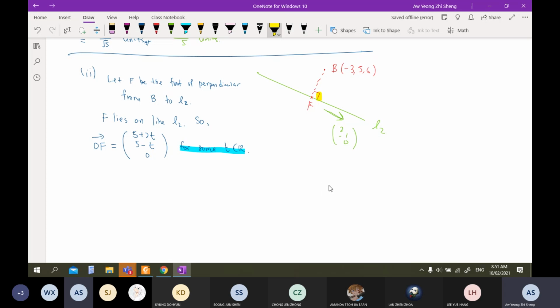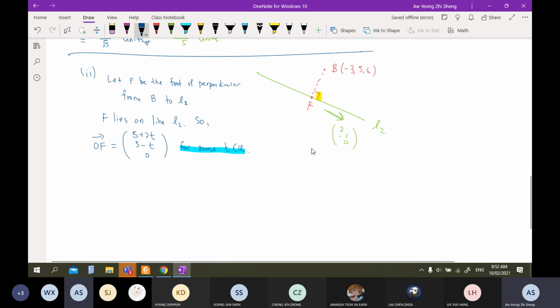For 90 degrees, we know that the dot product of two perpendicular vectors is 0. So before that, of course, you need a pair of perpendicular vectors. Obviously, the red color direction, either FB or BF, will be perpendicular to the direction vector of L2.